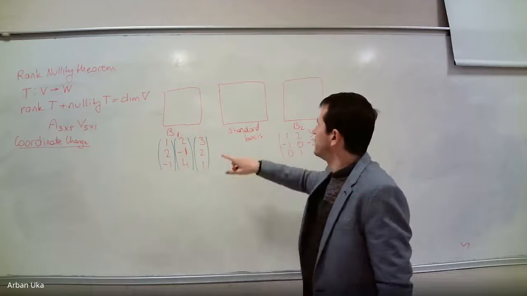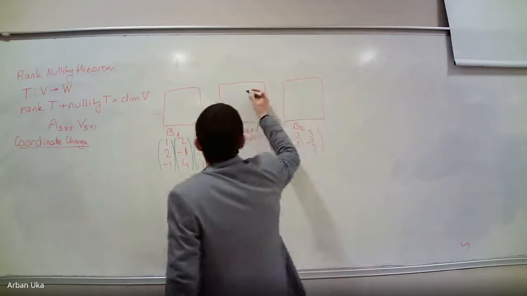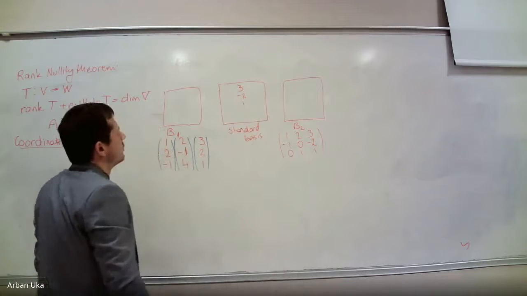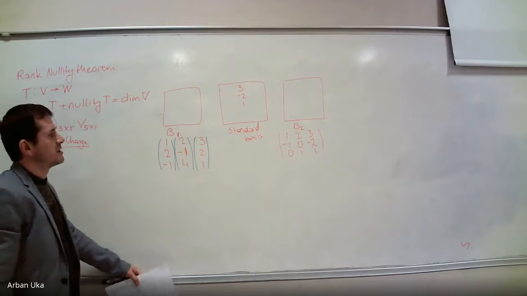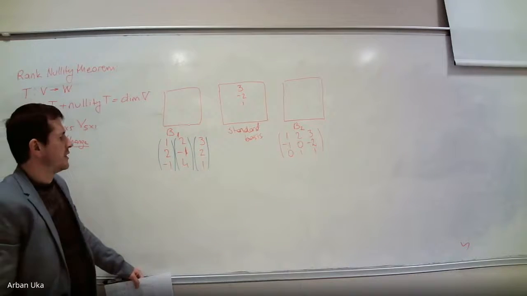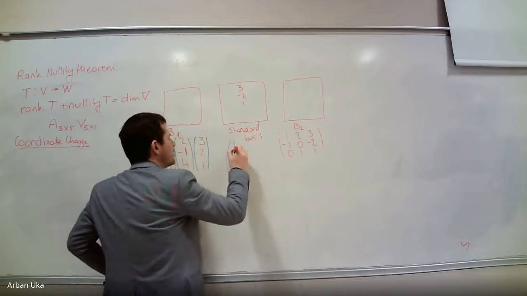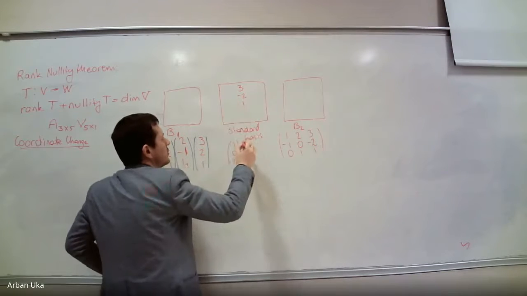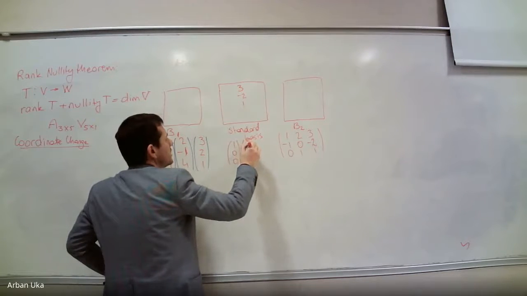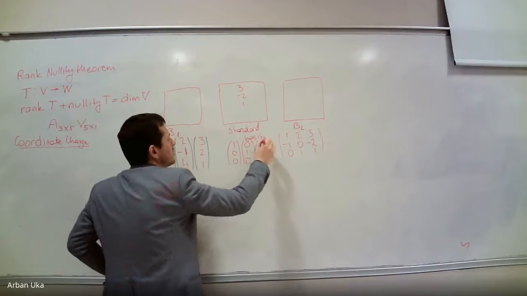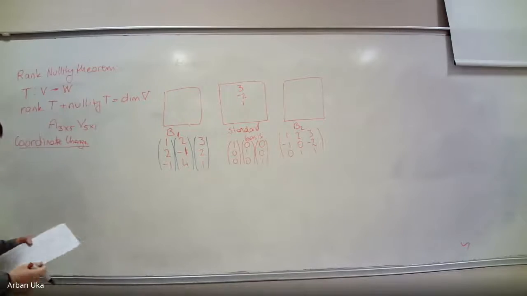Let's give a vector here, 3, minus 2, 1. What does this vector mean in the standard basis? The projection along the x-axis, 1, 0, 0, is 3. The projection onto the second axis, 0, 1, 0, is minus 2. The projection along the third axis is 1. This is what we mean with these vectors.